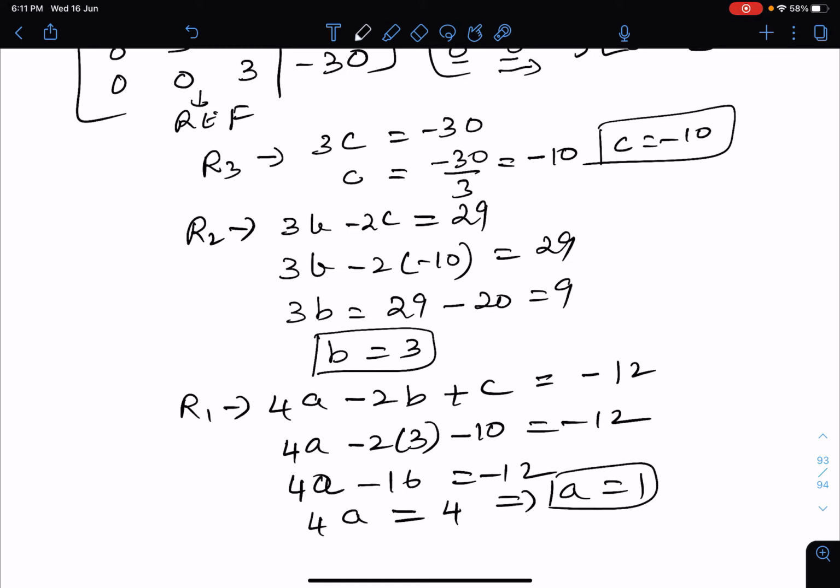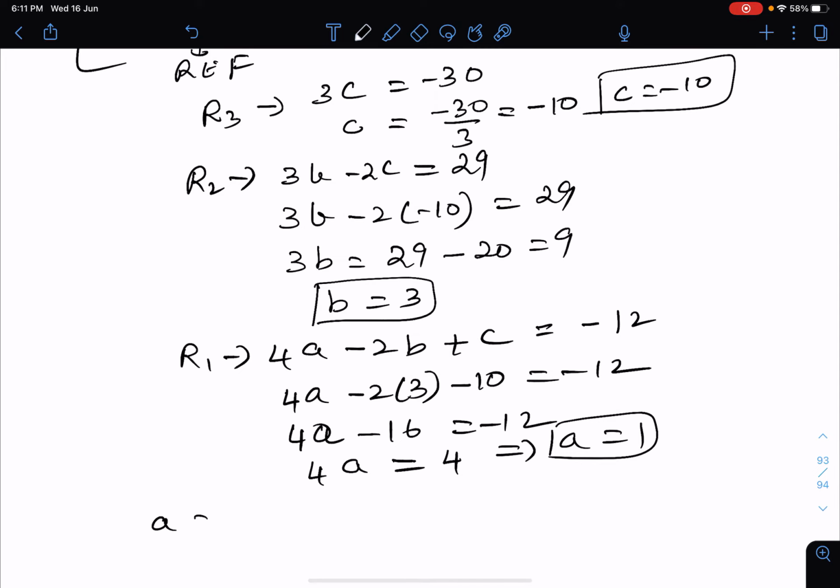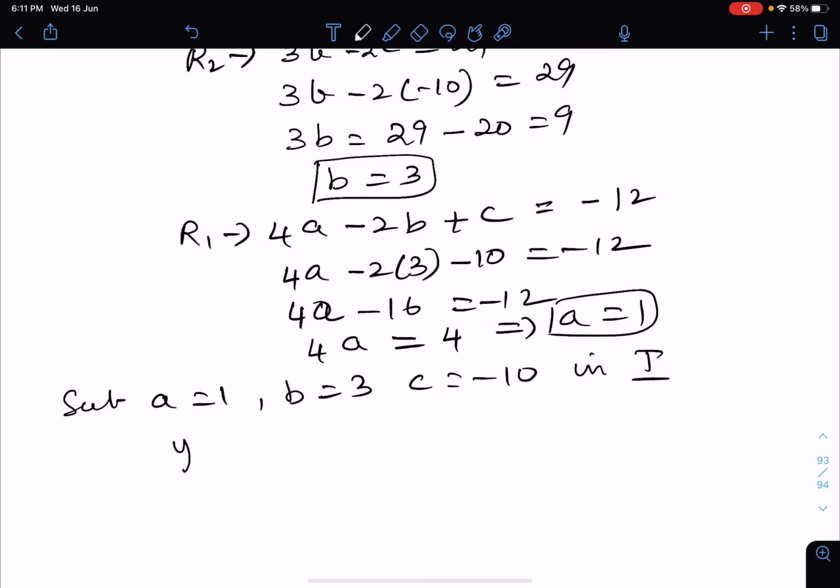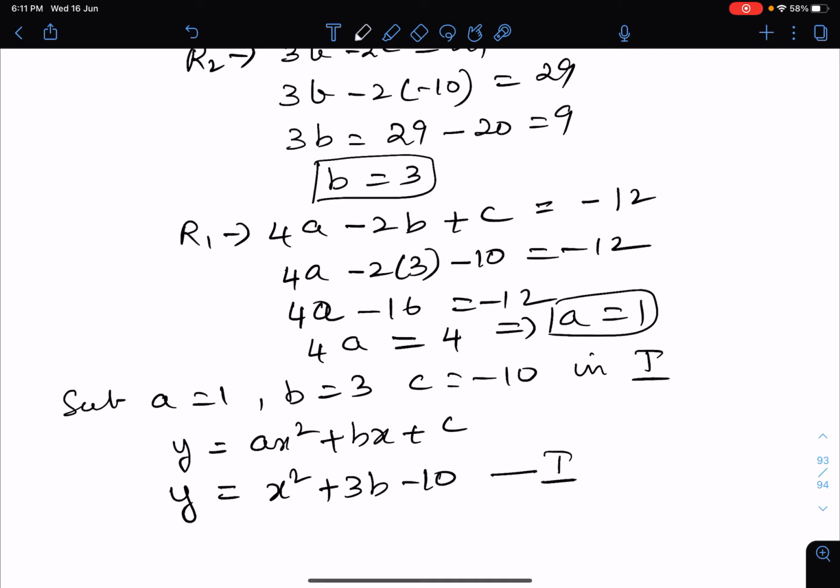Okay, now we are going to substitute A equal to 1, B equal to 3 and C equal to minus 10 in Roman letter 1. Okay, substitute. What is our Roman letter 1? y equal to ax square plus bx plus c, that is x square plus 3x minus 10 equal to y. Okay, this is our Roman letter 1 after finding out.